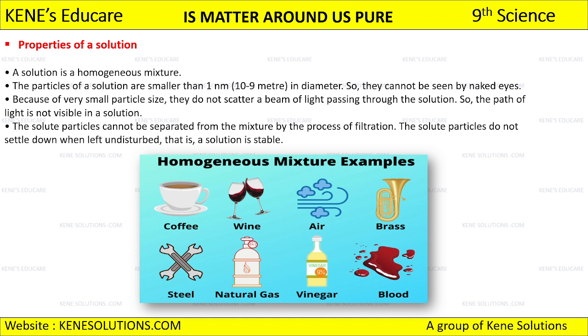If you have any solution with you, you won't be able to see the path of a beam of light through it, and that is why the path of light is not visible in a solution. The solute particles cannot be separated from the mixture by the process of filtration, and they do not settle down when we leave it undisturbed. That is the reason a solution is stable.